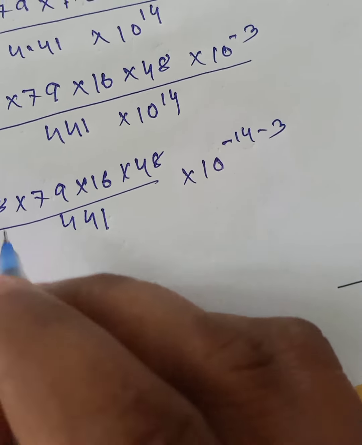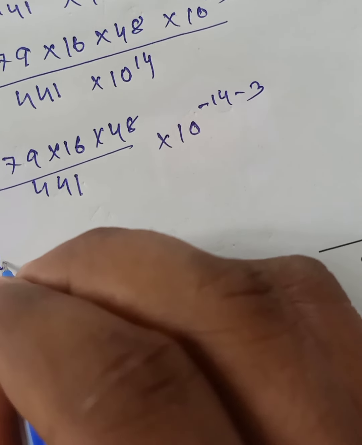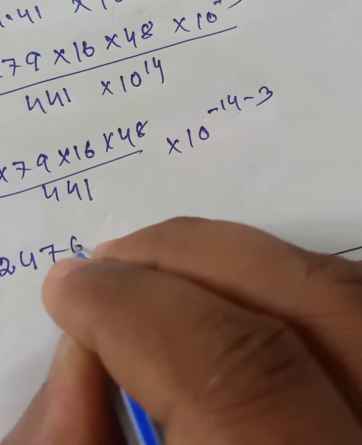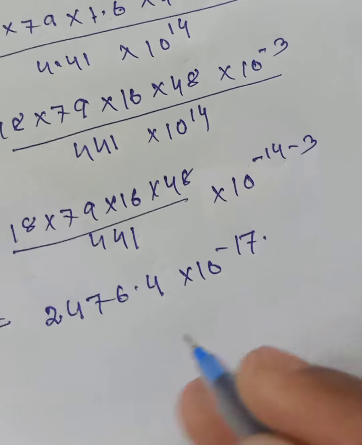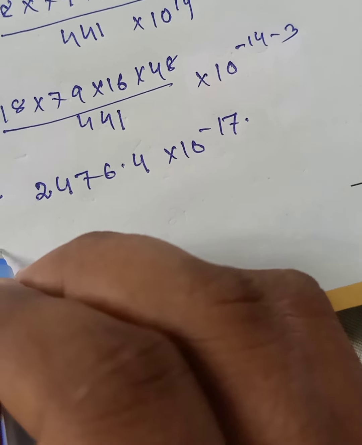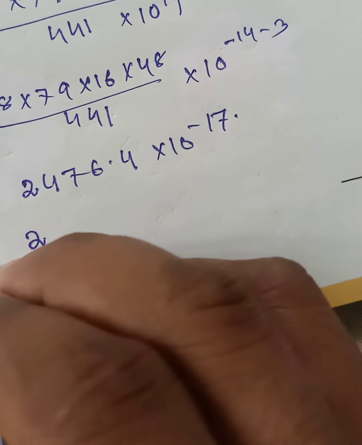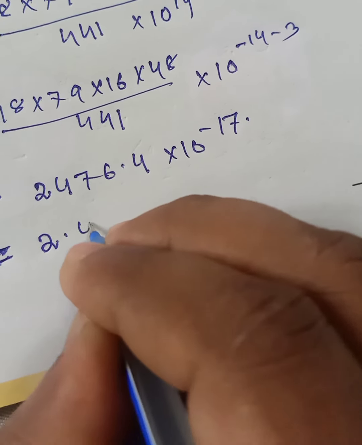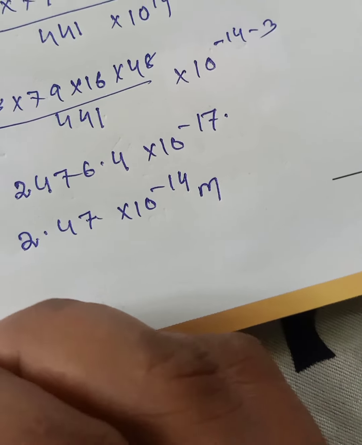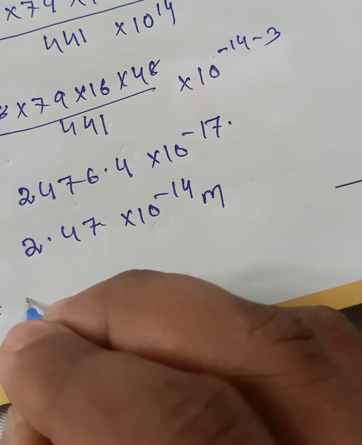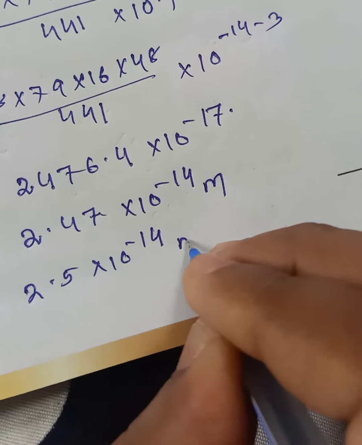Now dividing, we get 2476.4 × 10^-17. So R0 is approximately 2.47 × 10^-14 meter, so R0 approximately equal to 2.5 × 10^-14 meter.